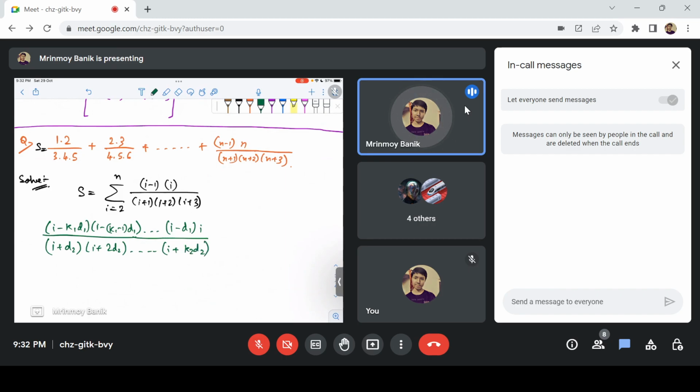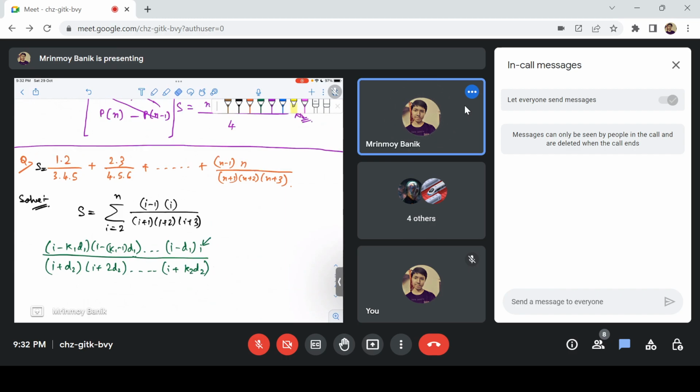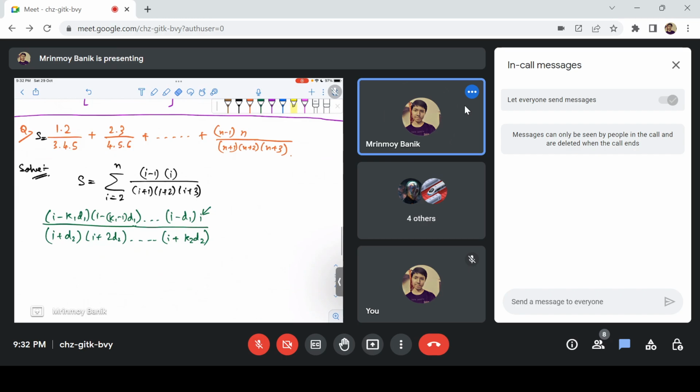So what you do here is you take the end one, the largest one from the denominator, and the next term of the numerator.